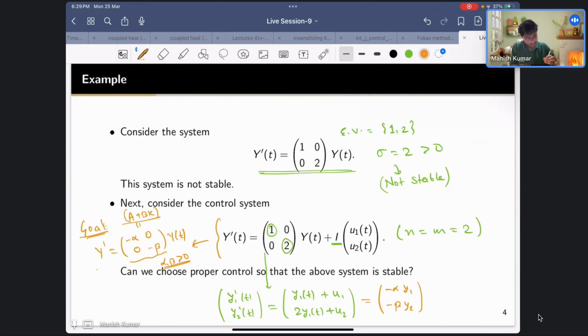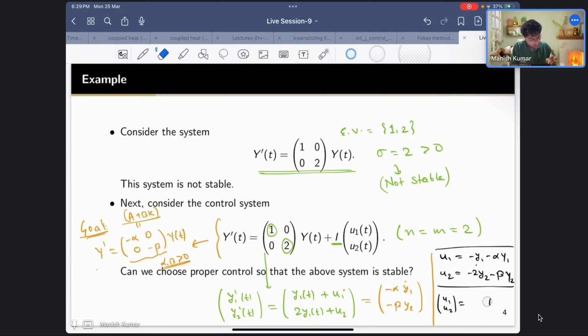So you can clearly see when you equate this and this, what you get is u1 is minus y1 minus alpha y1, so that this y1 will cancel with that y1 and you will get minus alpha y1, and u2 is minus 2 y2 minus beta y2. So this is the set of control, and if I want to write it in the form of a plus bk, I can say that this u1 u2 is k times y.